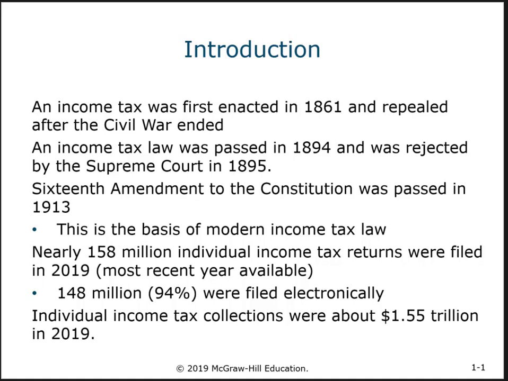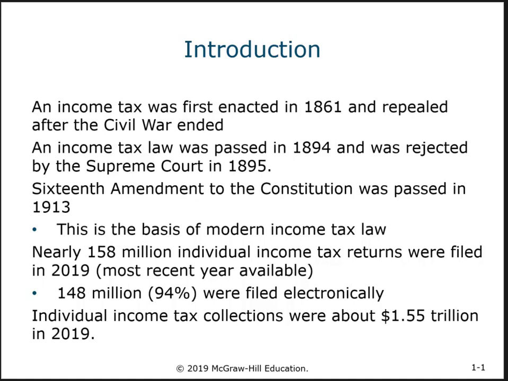Today, or at least as of 2019, we get a report. It's usually a couple years delayed from the IRS. The IRS is so far behind right now that our next one will probably be even more behind, further distanced. But in 2019, there were 158 million individual income tax returns. So I just want you to let that sink in for a minute.